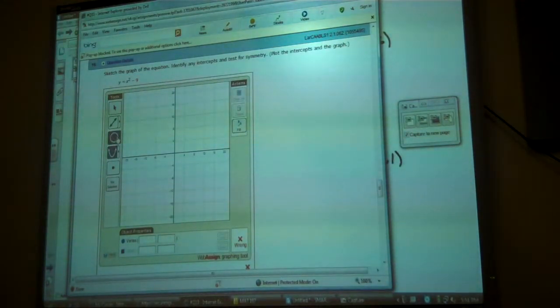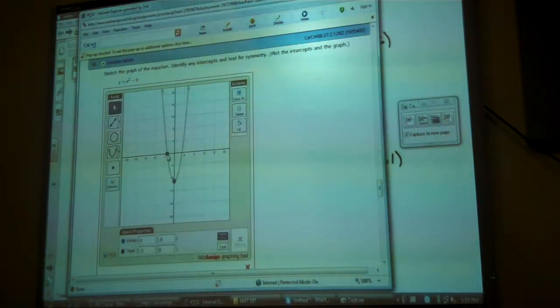Sketch the graph of this. Identify any intercepts and test for symmetry. Wow, okay, that's awesome. What's this point that I'm trying? Is it the vertex? If you click the dot, that's what puts a point on the graph.